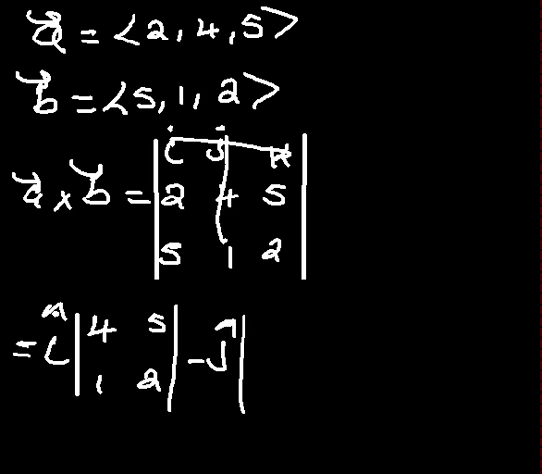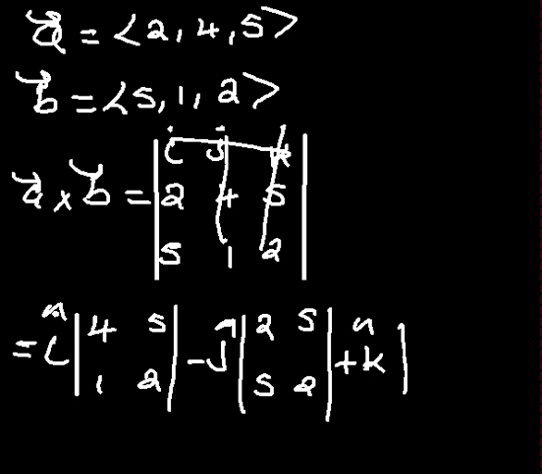So we have the values 2, 5, and 5, 2. Then we'll have plus, and we have the k component. In that case, the column is eliminated, and we only have 2, 5, 4, 1. So that is the essence behind that.